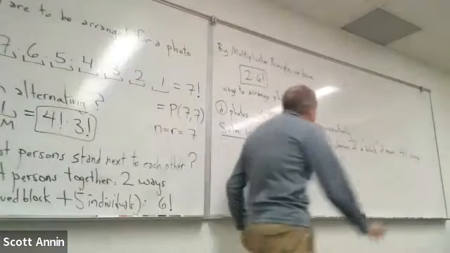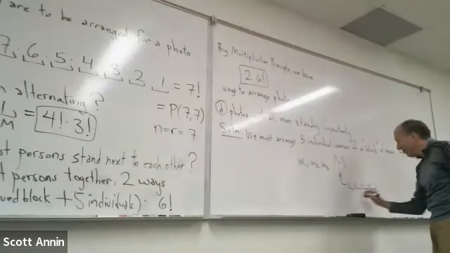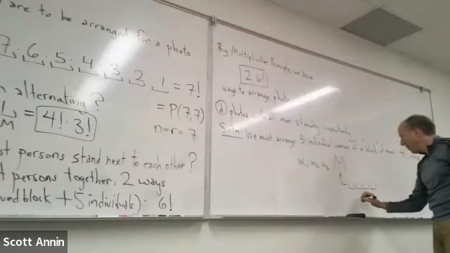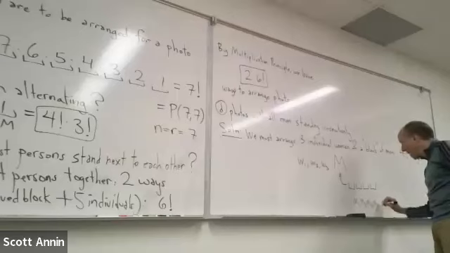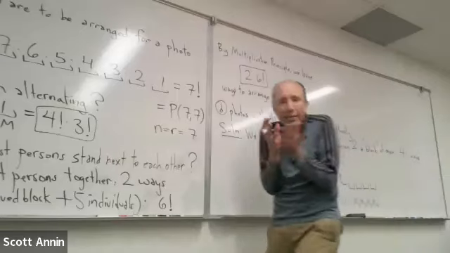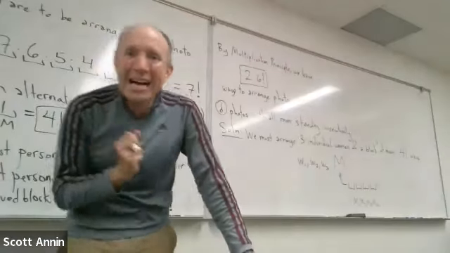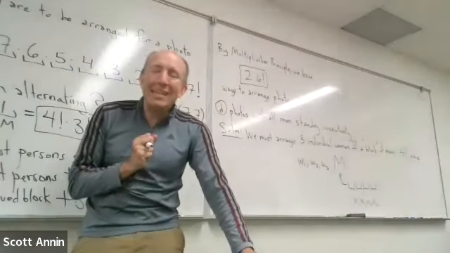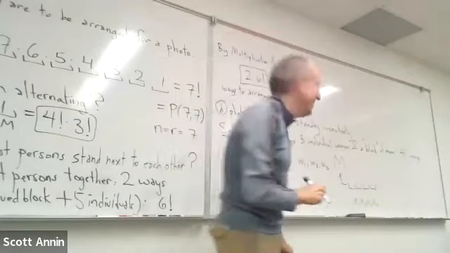I have to remember that this big M here is actually 4 men. And I've got 4 men, which are M1, M2, M3, and M4, which I actually have to put into the block in some order. That's another task. And there's actually 4 factorial ways to do that task, yeah? Right?